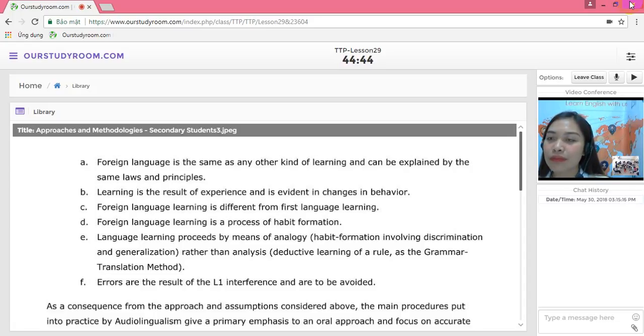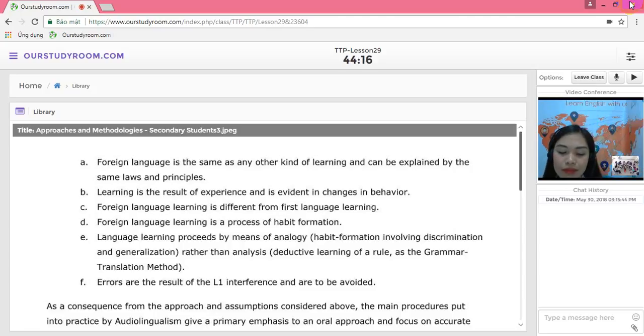In my opinion, the audiolingual method is a scientific approach used in teaching foreign language, and it is based on behavior theory, which postulates that certain traits or abilities are developed through a system of reinforcement.